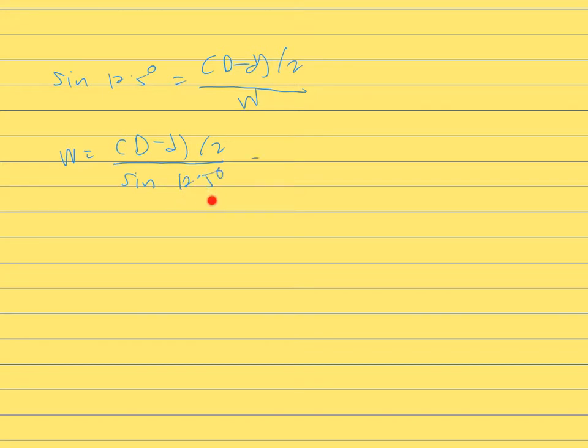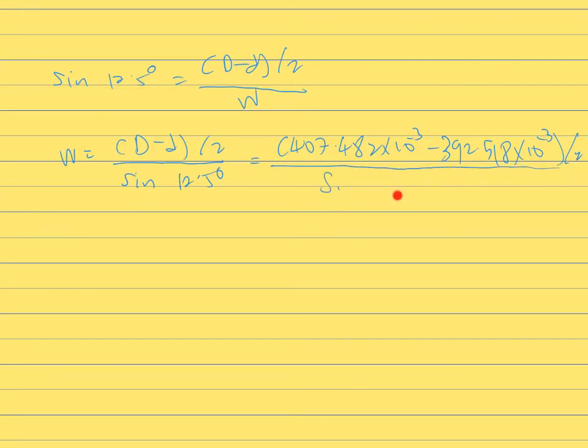which is our alpha. So the value of the major we got from the previous calculation is 407.482 power negative 3 meter minus the inner diameter, which is 392.518 power negative 3 meter, divided by 2, and then divided by sine alpha, which is sine 12.5 degree.